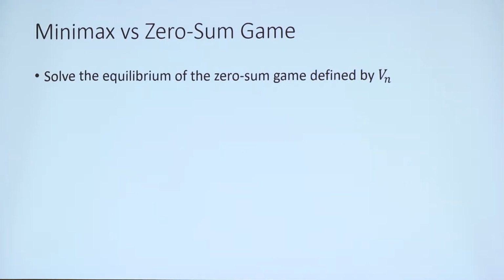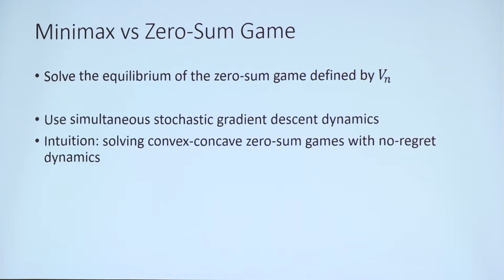And why is that? Because once you take this perspective of a zero-sum game between a discriminator and a generator, you can take this idea of finding an equilibrium of a zero-sum game through simultaneous no-regret dynamics and apply that in a hand-waving manner to this complicated zero-sum game defined by the generator and the discriminator.